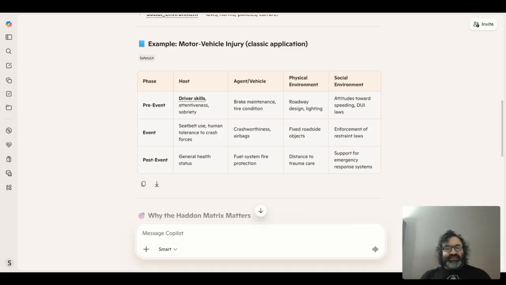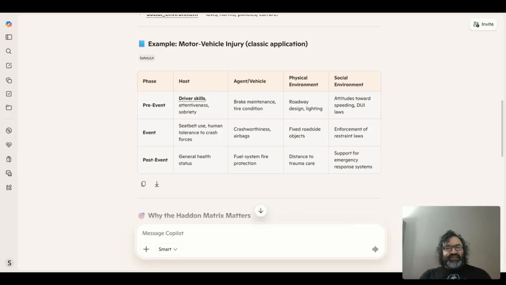Now, some of this I actually drew up from Microsoft Copilot because it's a useful tool to utilize during the discussion of this. Injury prevention is actually another area, so this is a multifaceted area that the Haddon matrix uses. So let's go ahead and get started here.